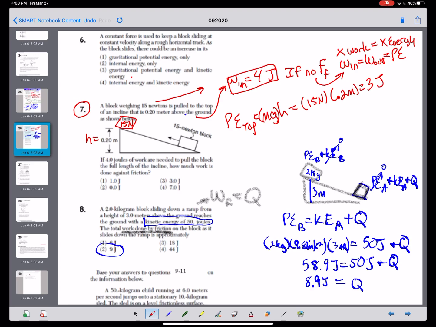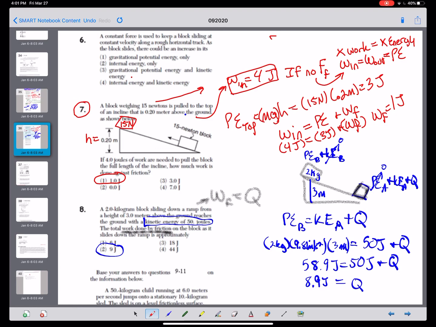So work in equals whatever work out we have, in this case PE plus work due to friction, or call it Q, either one. So 4 joules in equals 3 joules of PE plus the work due to friction. So you see the loss. We got work due to friction of 1 joule. So it's going to be 1 joule of work lost.